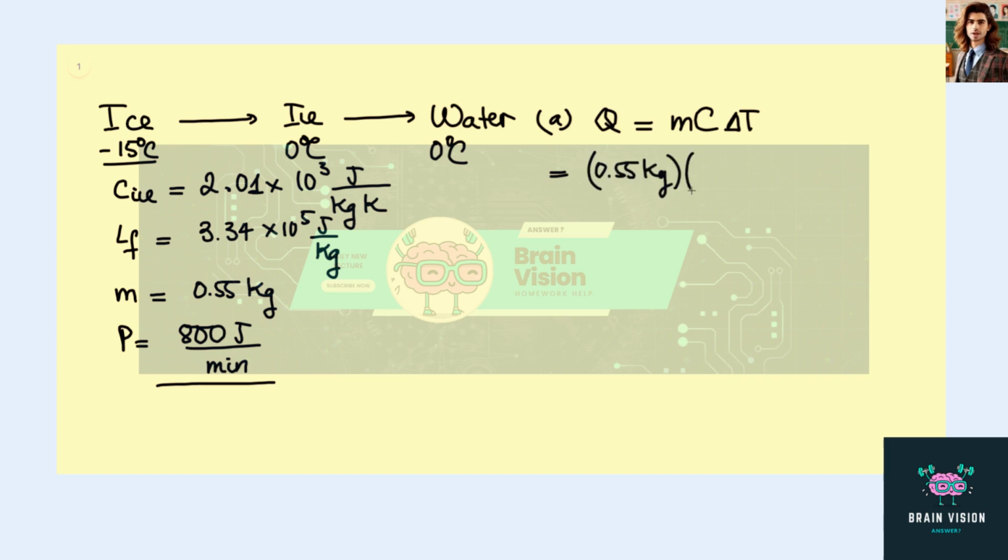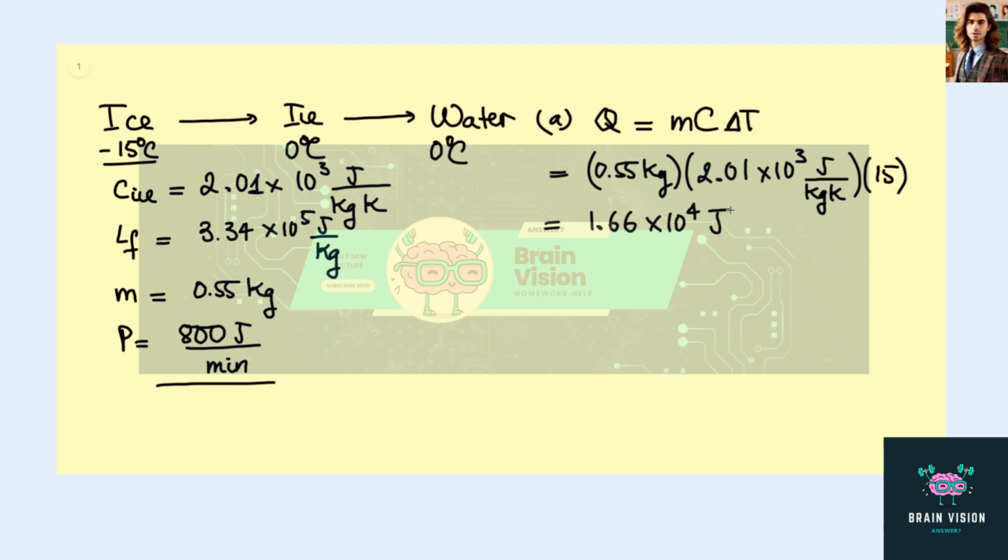The heat capacity of ice is 2.01 times 10 to the third joule per kilogram K. And delta T is just the temperature difference between 0 degrees Celsius and the initial temperature of the ice, which is 15. And if you plug in numbers, you're going to get 1.66 times 10 to the fourth joules.